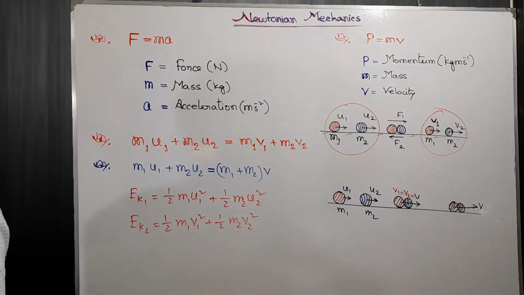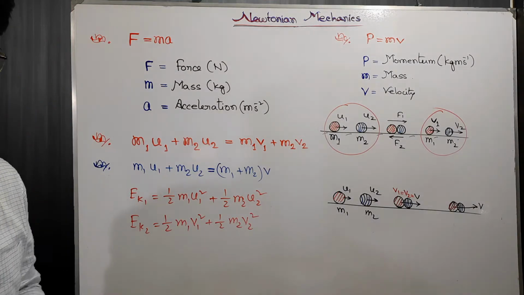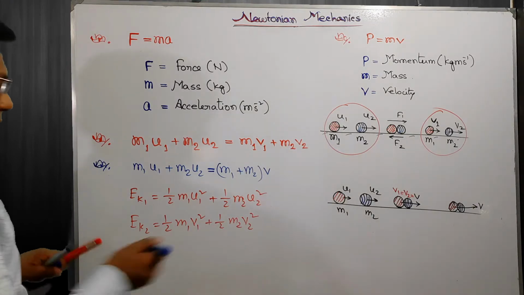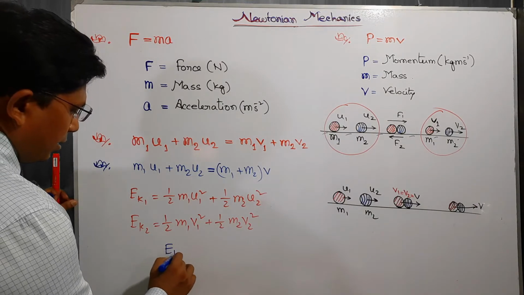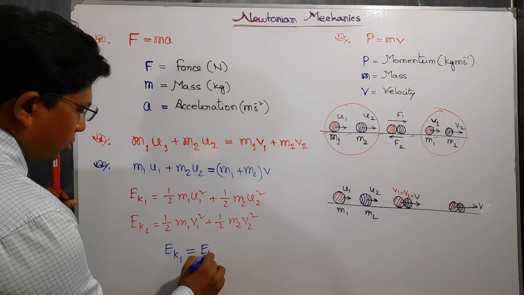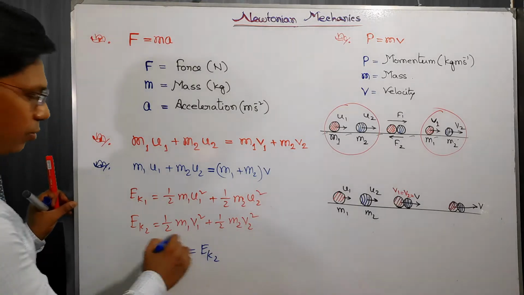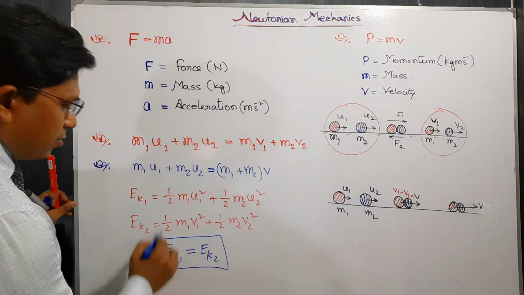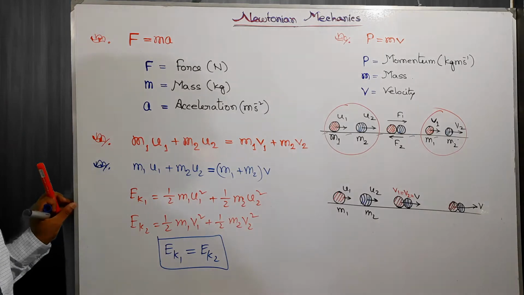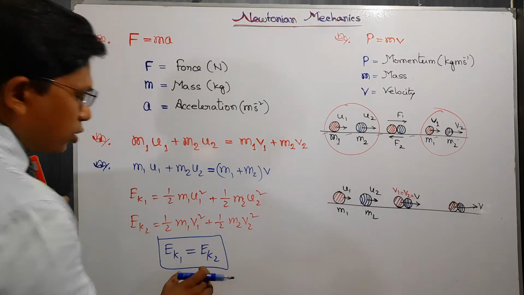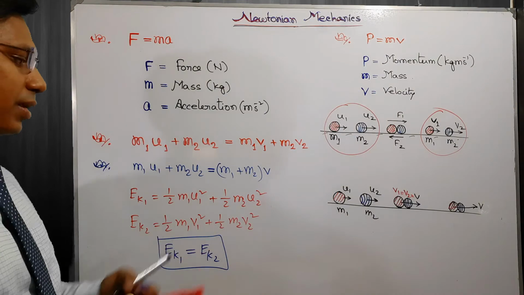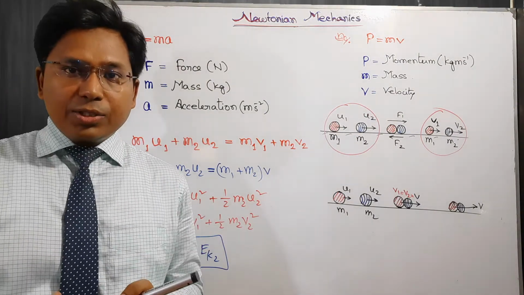If these two kinetic energies, before collision and after collision, become equal, as in Ek1 equal to Ek2, this phenomenon is called the energy conservation law. And this collision is known as the elastic collision.